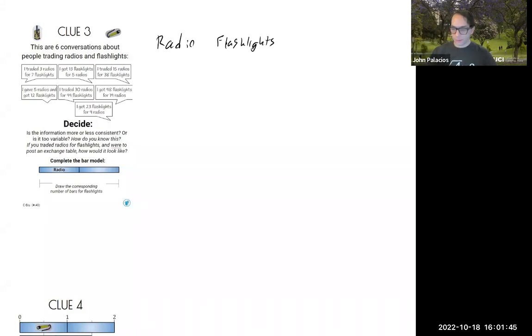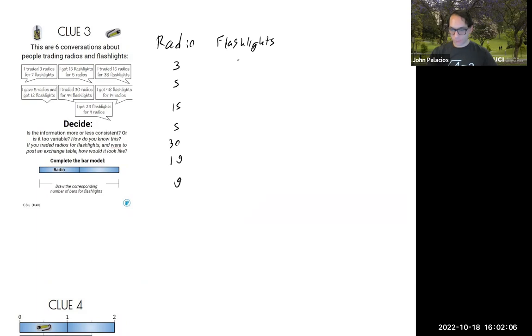So you can look at these conversations and you'll see that you get 3 radios traded, 5 radios traded, 15 radios traded, 5, 30. I wrote this down in advance and that's why I'm looking at my notes. 19 and 9.